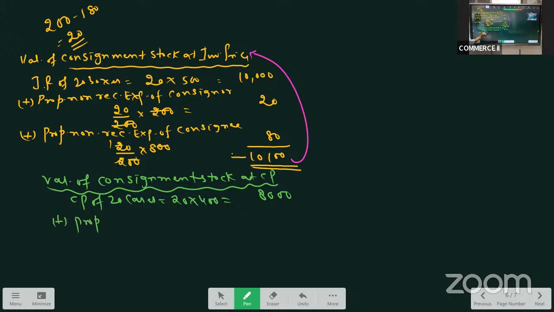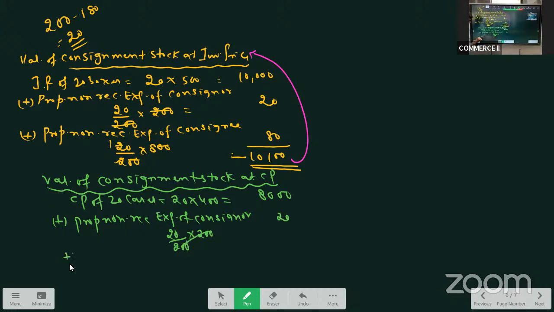Add proportionate non-recurring expenses of consignor. Take the same way, 20 by 200 into his expenses, 200. So you get 20.